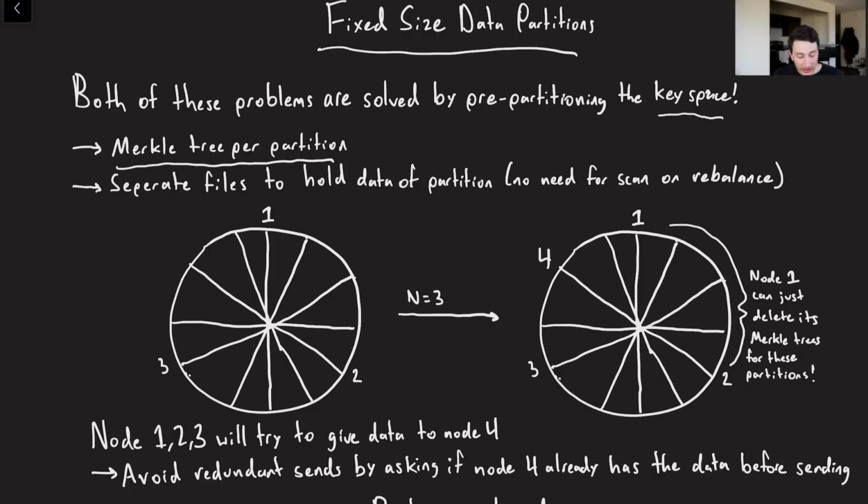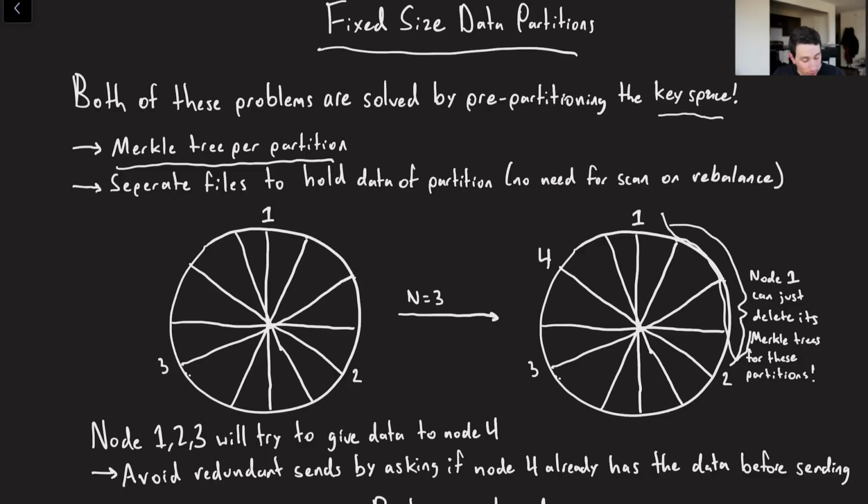And so this way, all of a sudden, we have all of these separate files, and each one holds the data of just one partition. Great. So now let's say I have to send data.